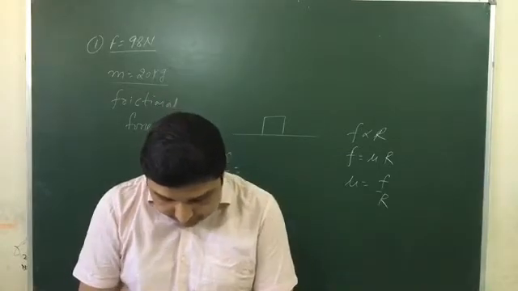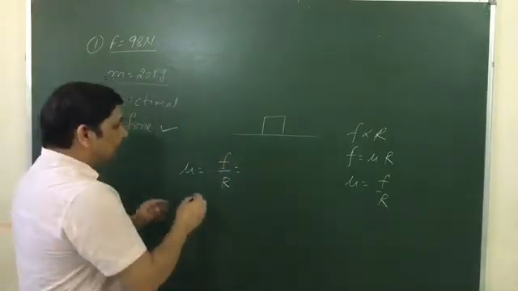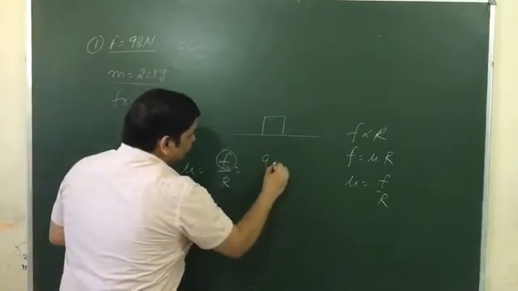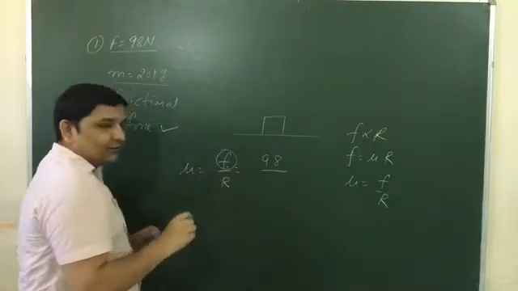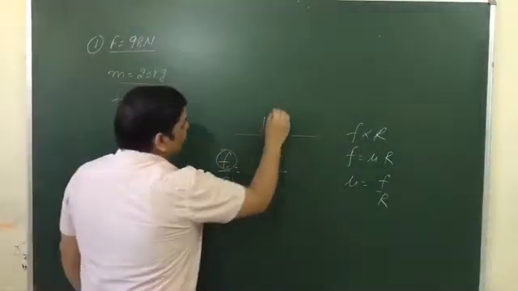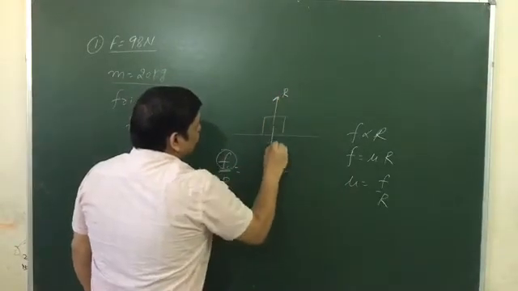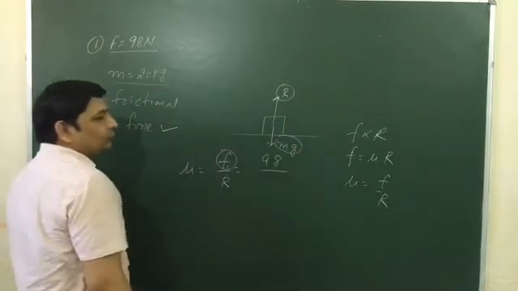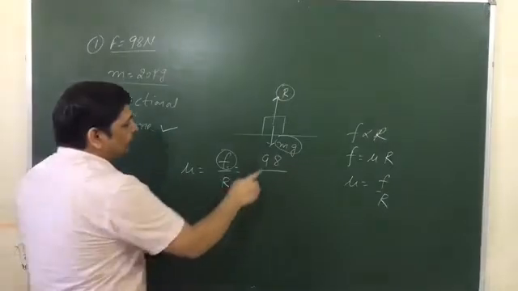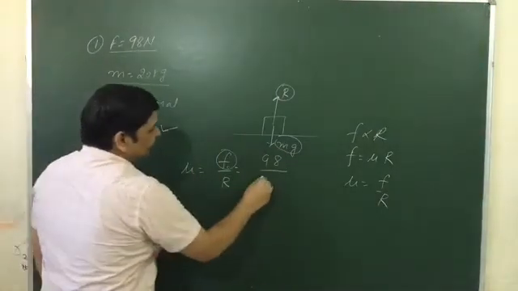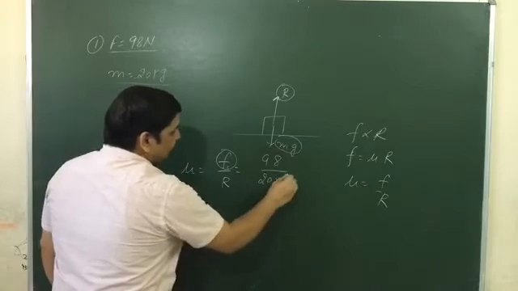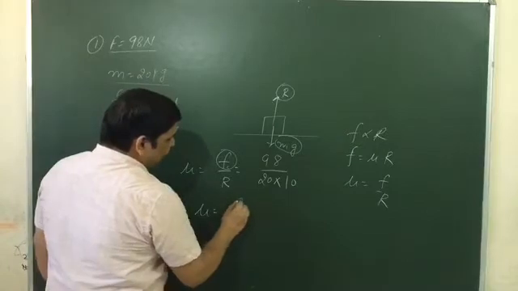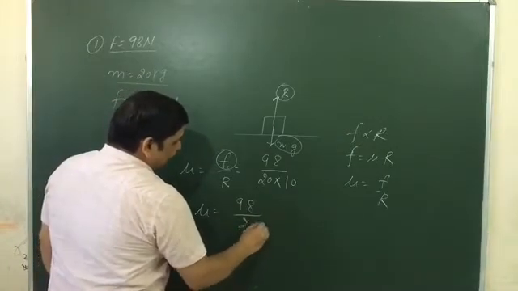It means F is 98, and reaction is equal to mg. Mass is given 20 and g 10. Therefore, we can find the value of coefficient of friction.